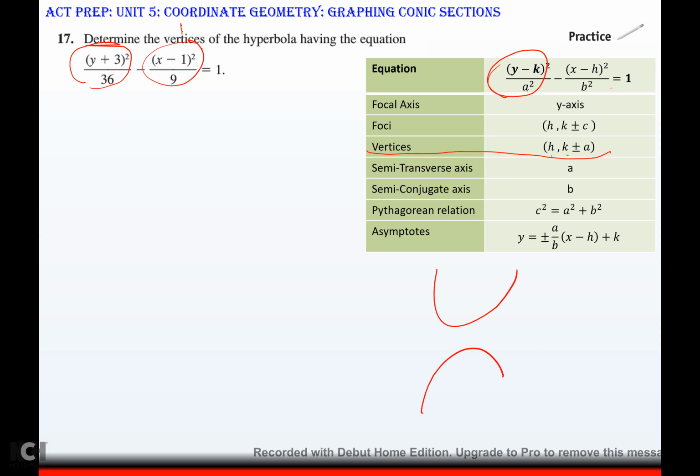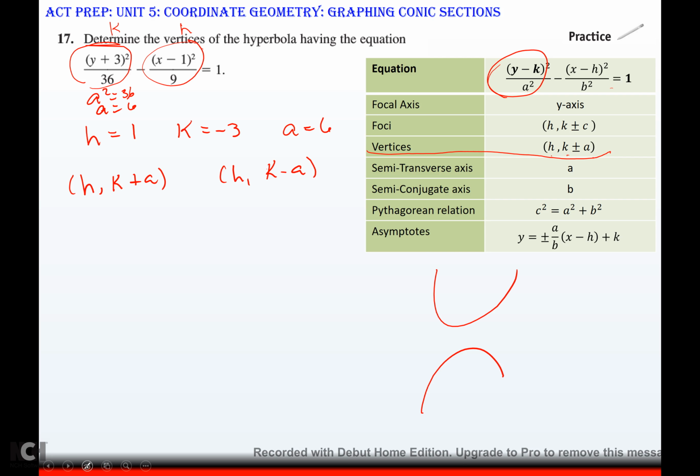Well, h is always with x, and k is always with y. So my h is positive 1. My k is negative 3. This a squared is 36, so a has to be 6. So to get my vertices, I have h comma k plus a and h comma k minus a.